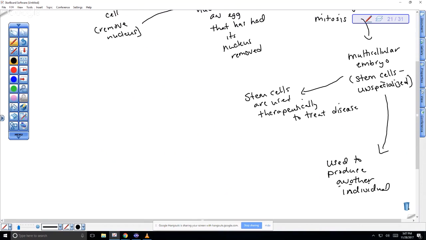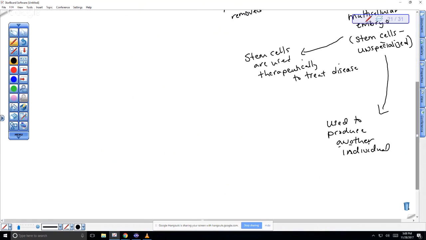I could put it into a female's uterus, and then she would grow another me. That has not been shown to have been done in humans, but it has been done in other organisms. Does anybody know what type of organism reproductive cloning was first done in? Yes, sheep. So this is what we call reproductive cloning.